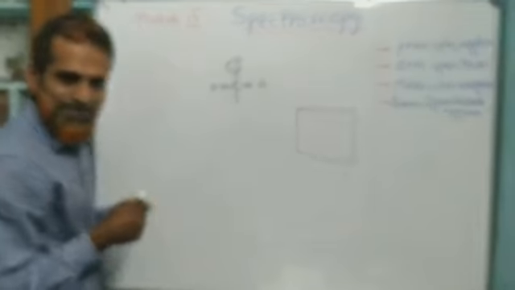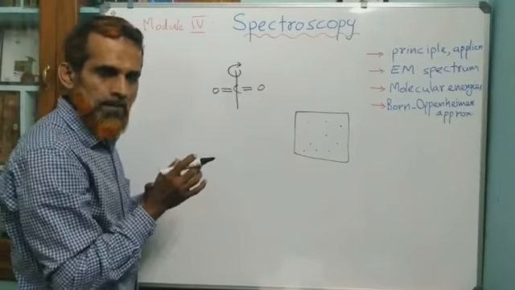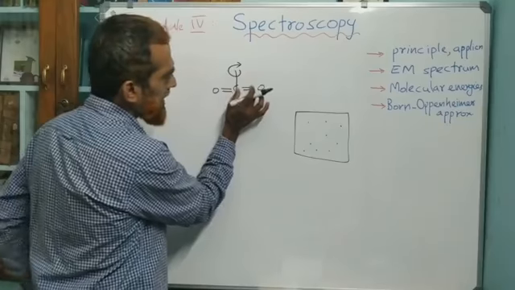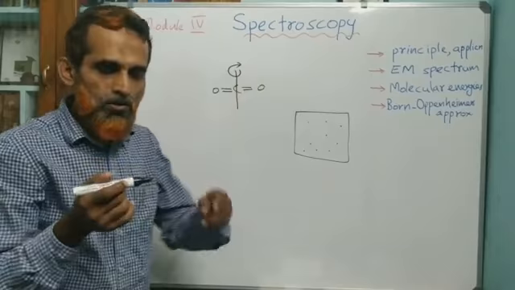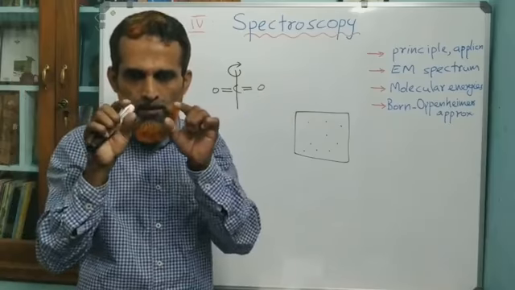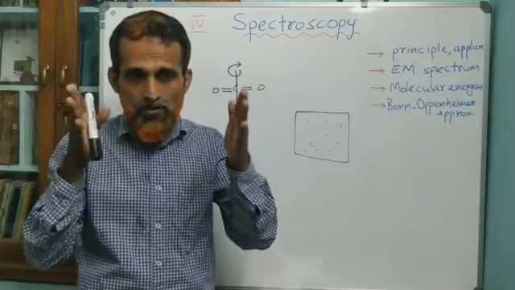And in addition to that, this bond is like a spring, right? It undergoes stretching, meaning it gets extended and contracted, extension and contraction. So in carbon dioxide, the two carbon-oxygen bonds are getting elongated and contracted about a mean position.